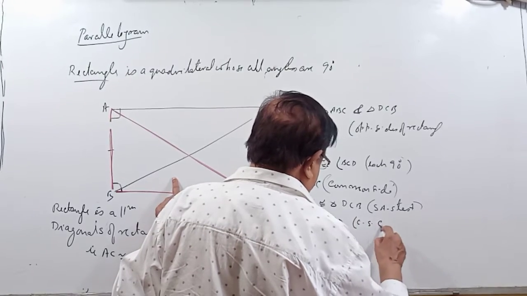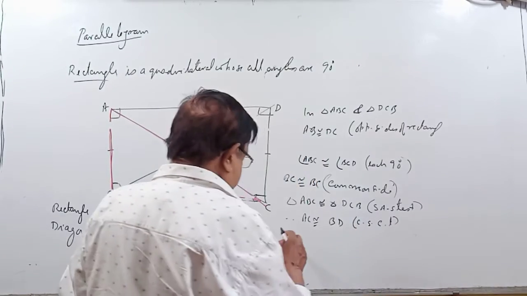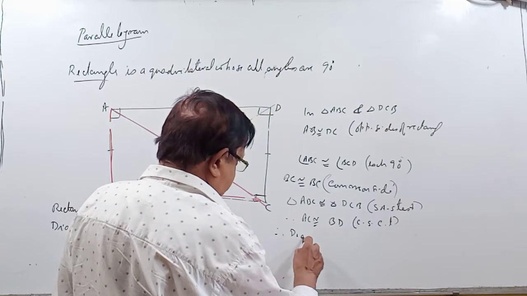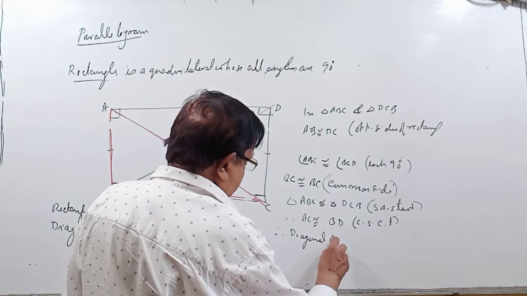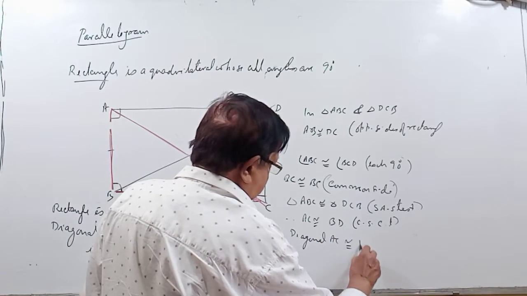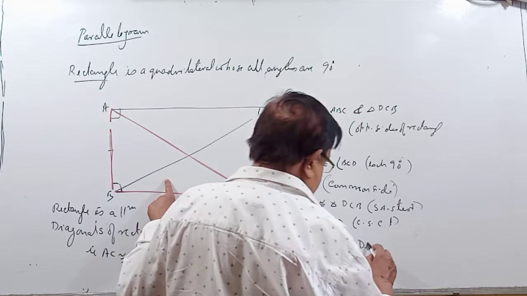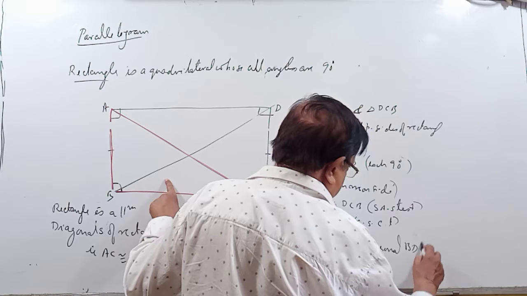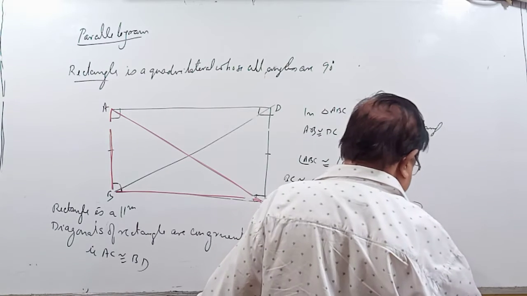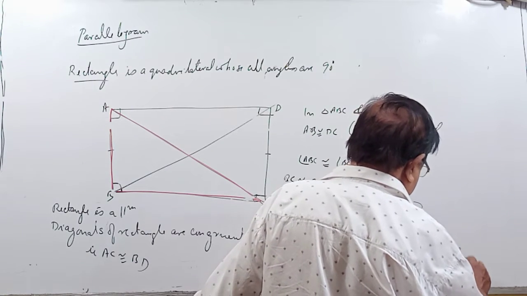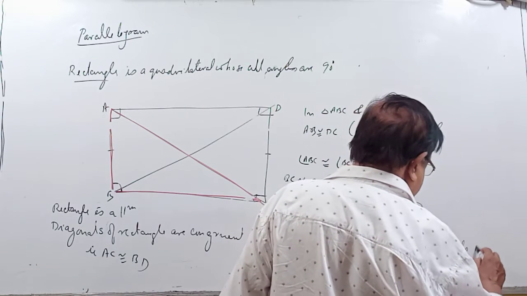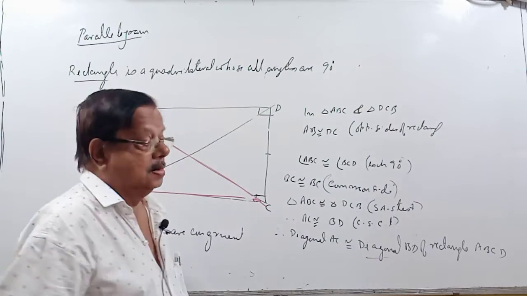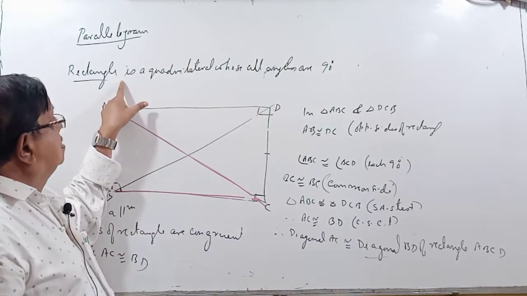Corresponding sides of congruent triangles. Therefore, diagonal AC congruent to diagonal BD of rectangle ABCD. Very important property of the rectangle. See, we have proved that.